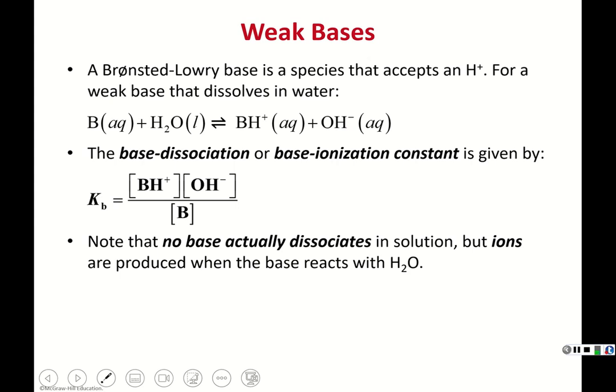Right? And we can write a base dissociation constant Kb. It'd be our conjugate acid times OH- divided by our starting base concentration. And in this definition, none of the Bronsted-Lowry bases actually dissociate in solution, but the ions are produced when the base reacts with H2O.